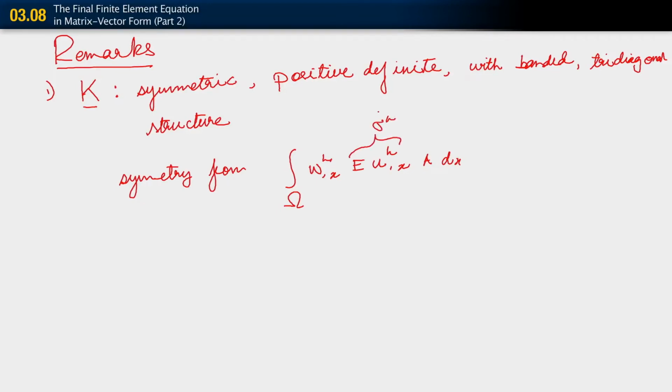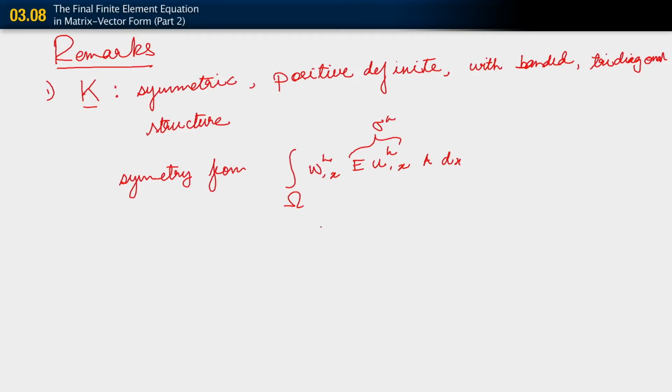If you look at this integral as an object called a functional in w and u, it is bilinear. Furthermore, it remains unchanged if we just swap the places of w and u.